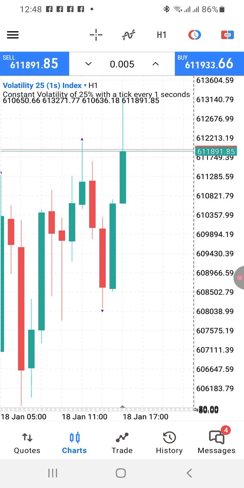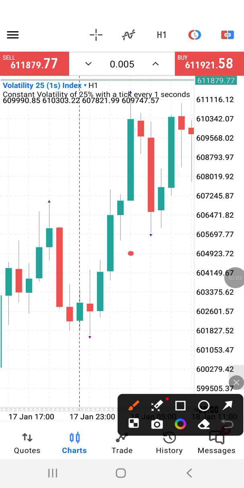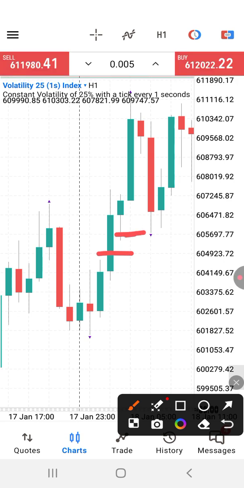We're doing an example on the H1 time frame. Right here we have the candle high and the candle low. Within here we have a gap, and that gap is called a fair value gap.